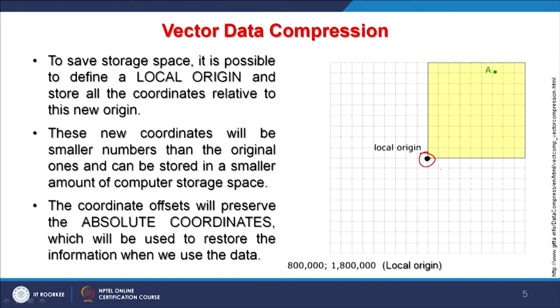That means I can store the offset information somewhere, and whenever I want those eastings and northings or geographic coordinates, they may be converted easily. But originally the data can be stored using a local origin, by which I can achieve vector data storage compression.